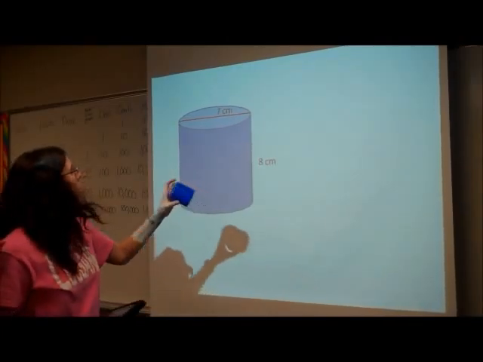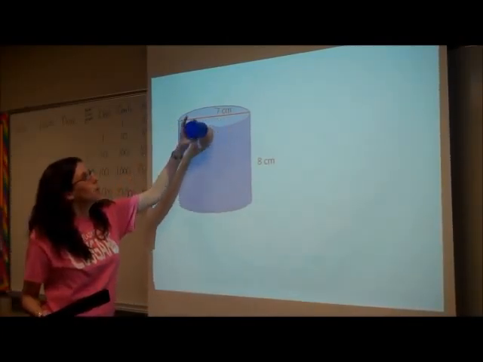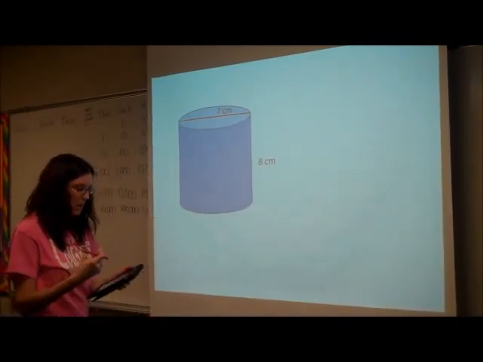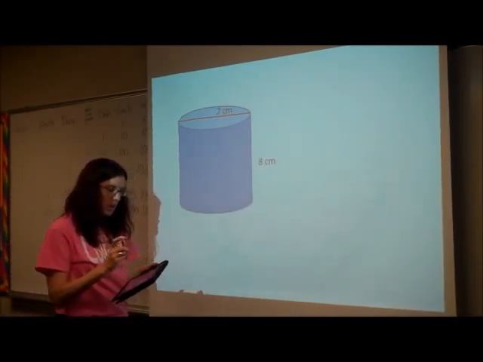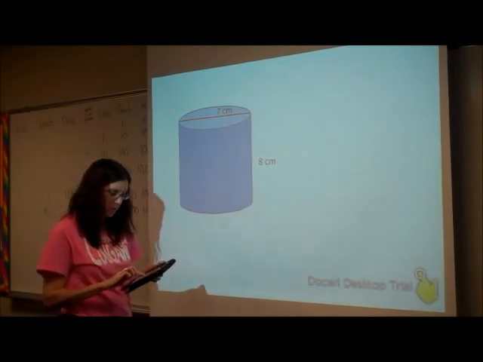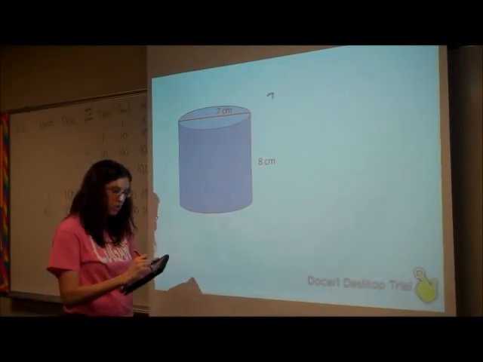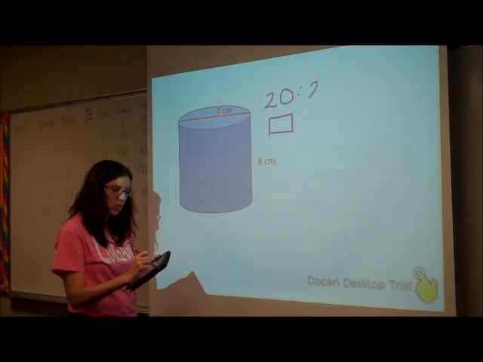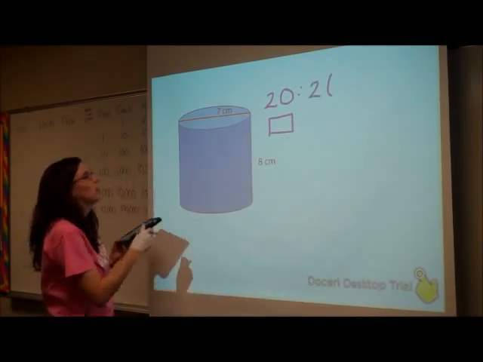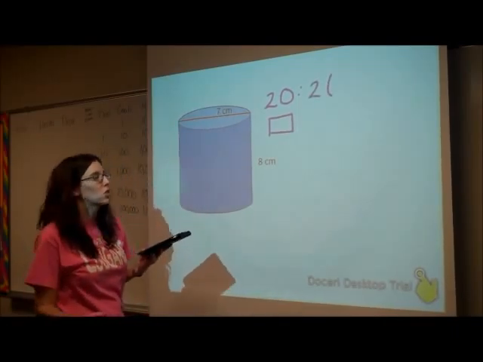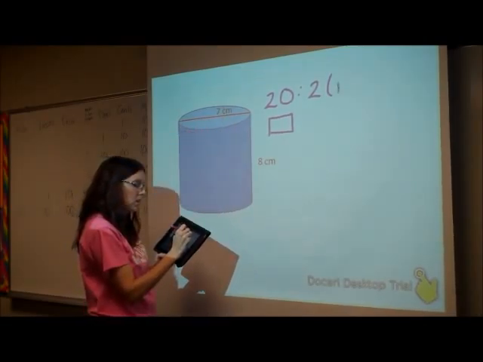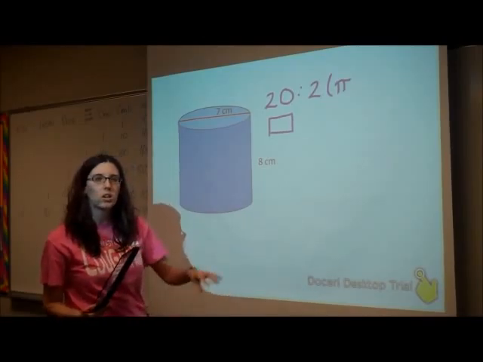Looking at this cylinder, it has a diameter of 7 and a height of 8. Again, I'm making little notes for myself. I have my two circles and I have my rectangle. Let's find my circles first, because those are pretty easy. The area of a circle, which is what my bases are, is pi times the radius squared.